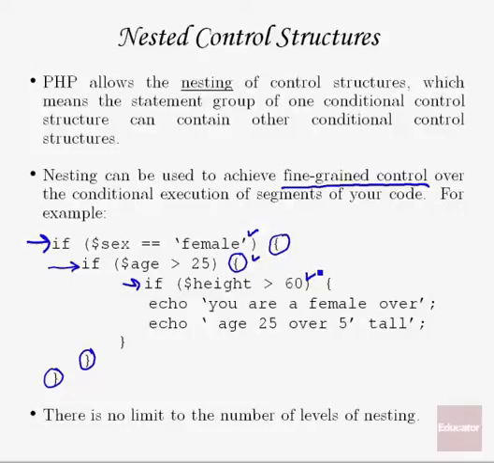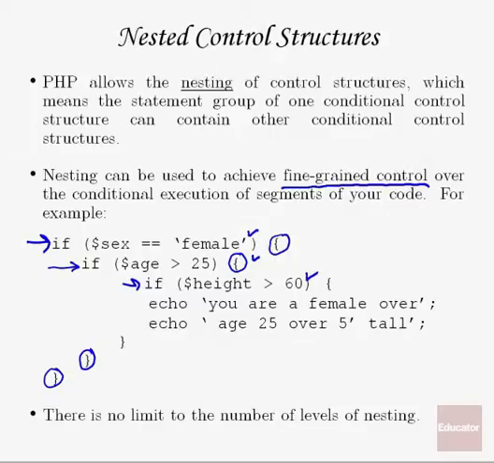In this case, the code we'd execute would be, you are a female over age 25, over 5 feet tall. Using nested if control structures like this allows you to achieve that fine-grained control to only execute code if multiple conditions are met.